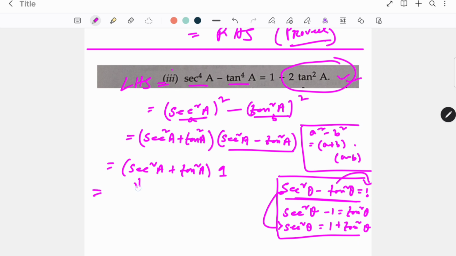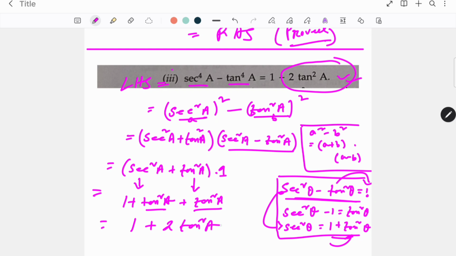So in place of sec square a, we will put 1 plus tan square a. Already tan square a is there, so we have tan square a two times, so we can write 2 tan square a. So we got our RHS, hence we have proved it.